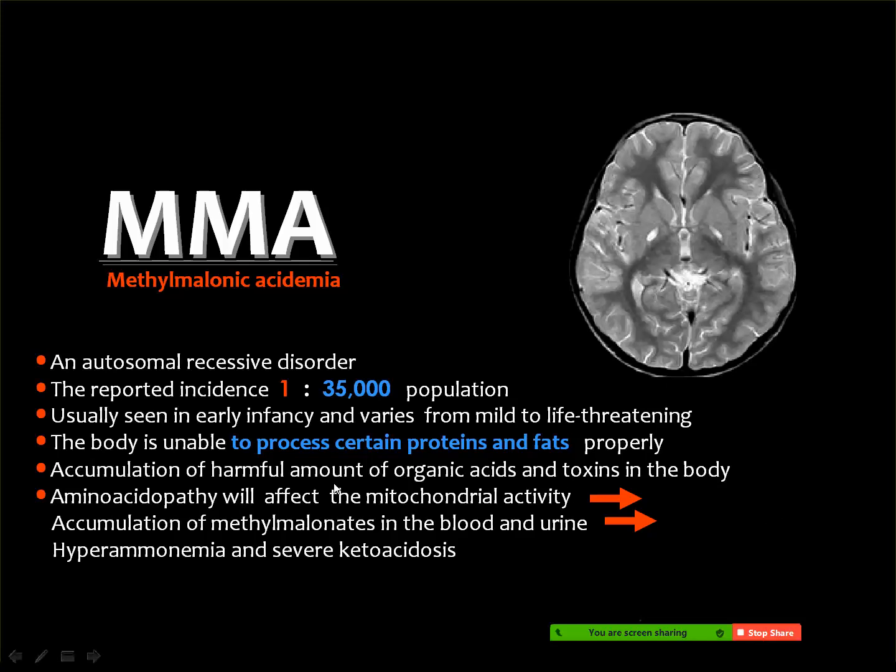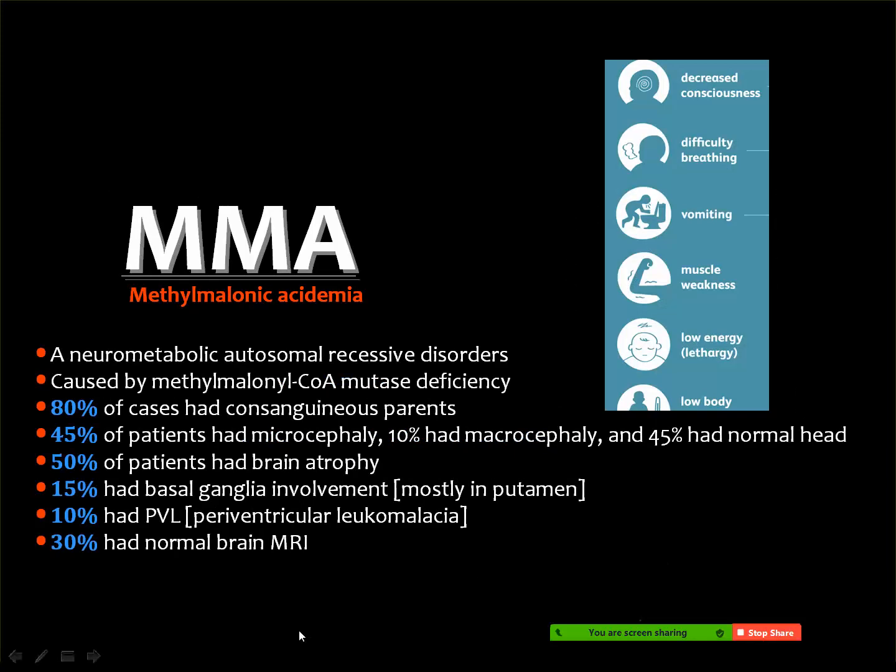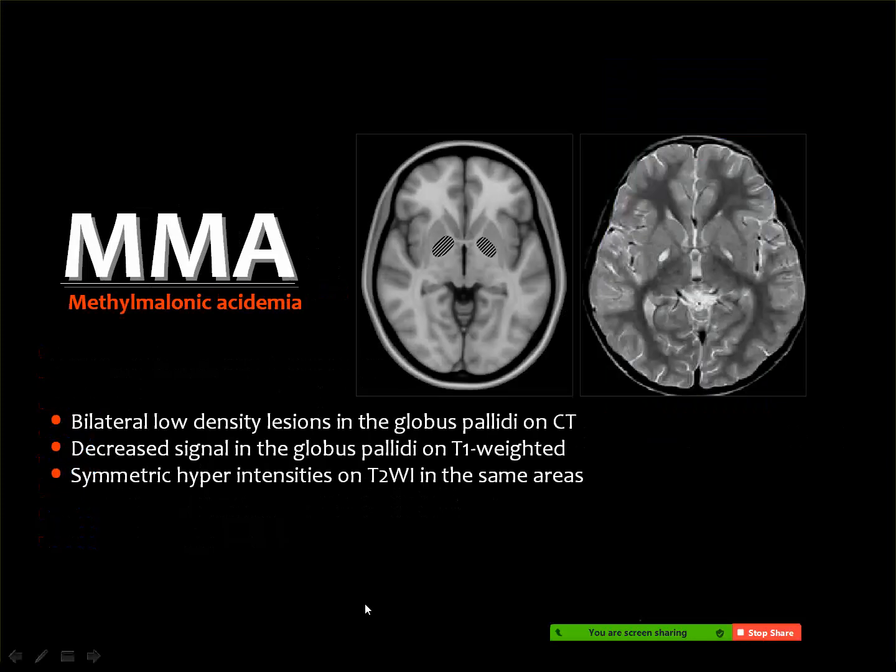And the presentation on imaging is a classic bilateral symmetrical abnormal signal in the globus pallidus. These are the possible symptoms: decreased consciousness level, difficulty in breathing, vomiting, muscle weakness, low energy or lethargy, and low body weight.